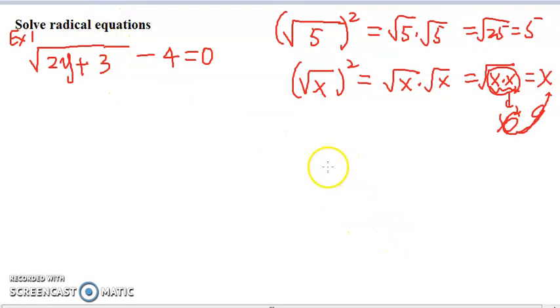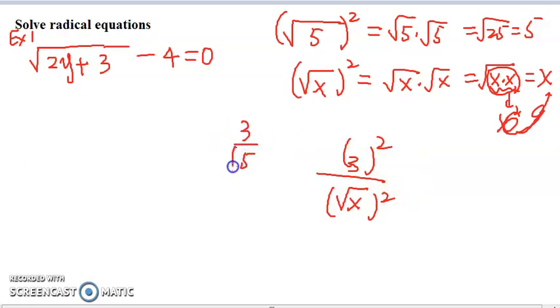If you have a fraction, for example, 3 over the square root of x, you cannot say, okay, let's go ahead and square the bottom and square the top. If you do that, you change this fraction. For example, if you have 3 over 5, when you square the bottom and square the top, you get 9 over 25.